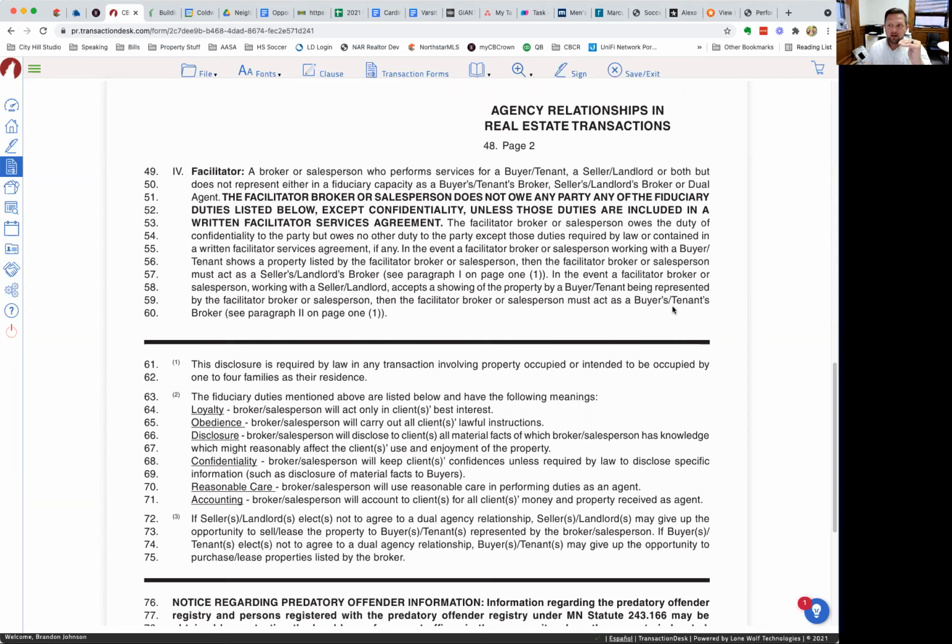If we accept it, but now our brokerage comes in and is representing that buyer into that facilitation of the listing, that buyer contract trumps the listing contract. So now we are giving all duty to the buyer over the facilitation. Does that make sense? Okay, so when in doubt, just remember that if we have a full representation contract and somebody walks into us as a facilitation thing, whoop, we're going to trump that thing all the way up.